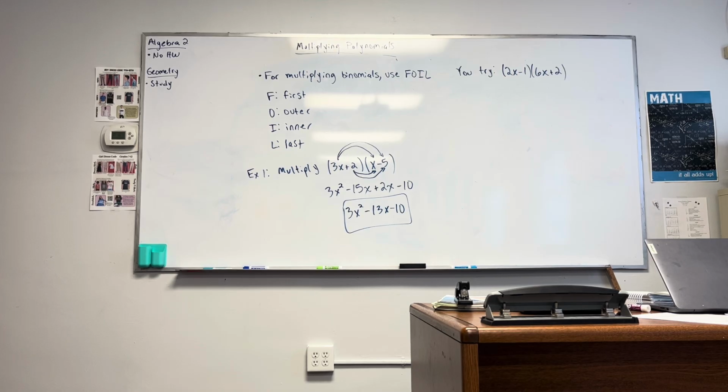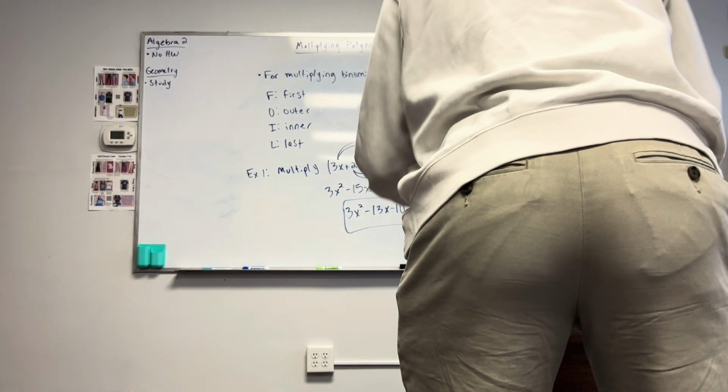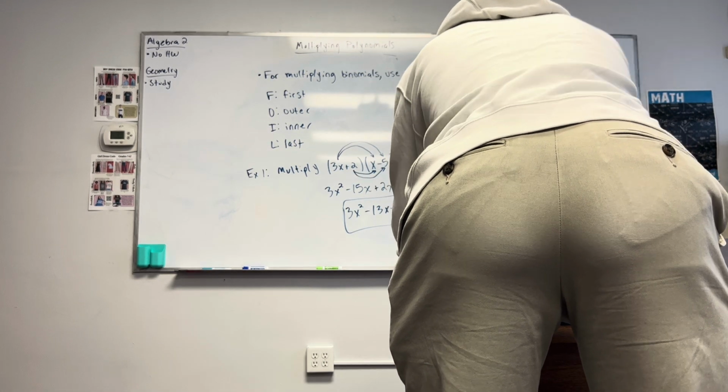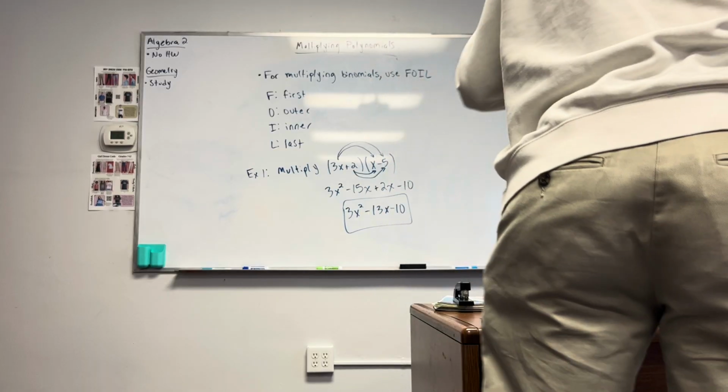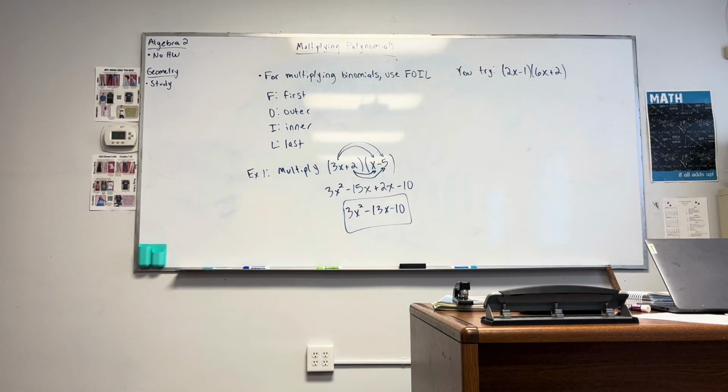Good. Negative 4, well, that's the power up. There you go. Well, that's square. Good.